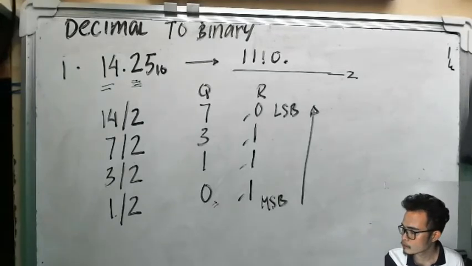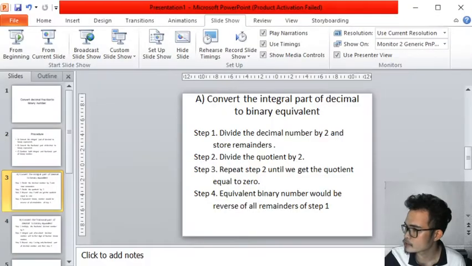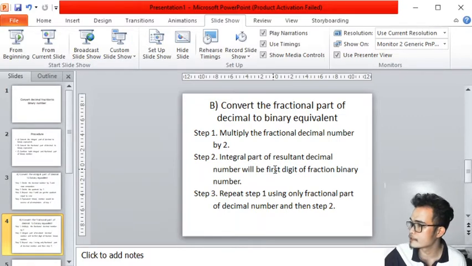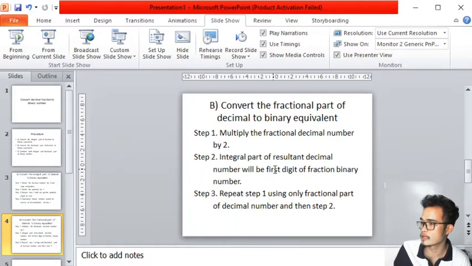For the fractional part, this is the procedure for how to convert. Step 1: multiply the fractional decimal number by 2. Step 2: the integral part of the resultant number will be the first digit of the fractional binary number.